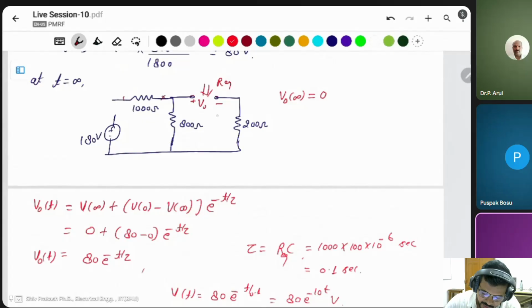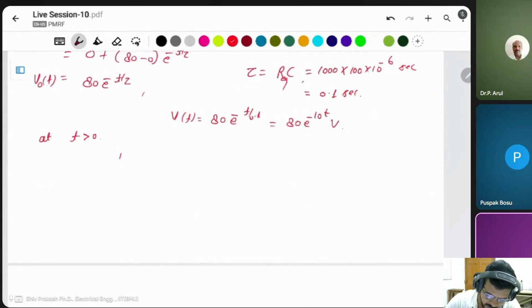Then this voltage is divided into two parts because both resistors are connected in series, that's why you can apply the same voltage divider.